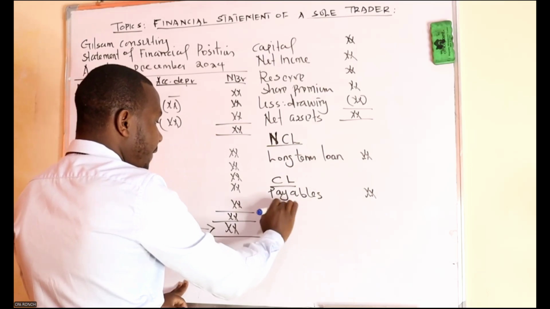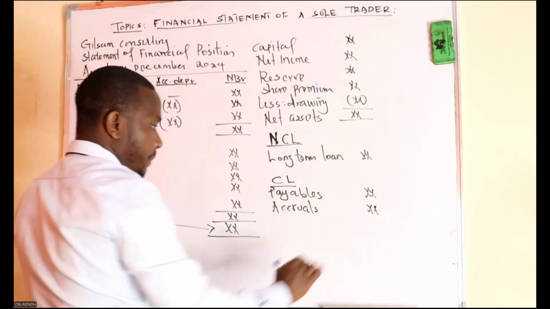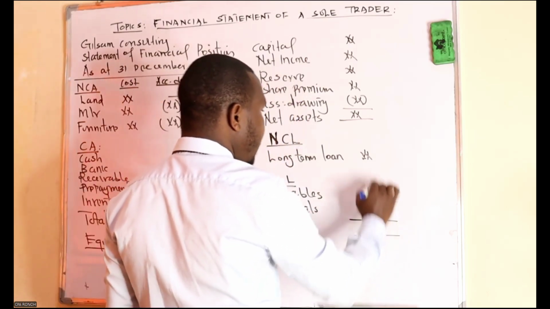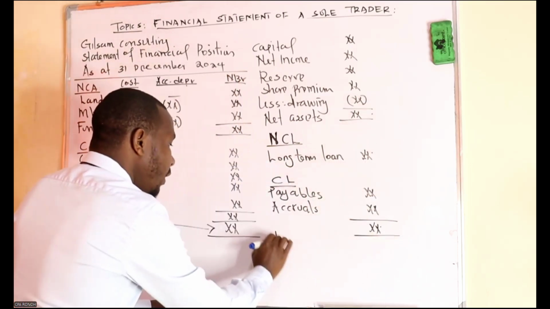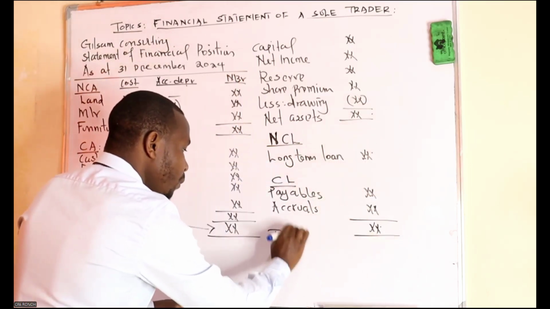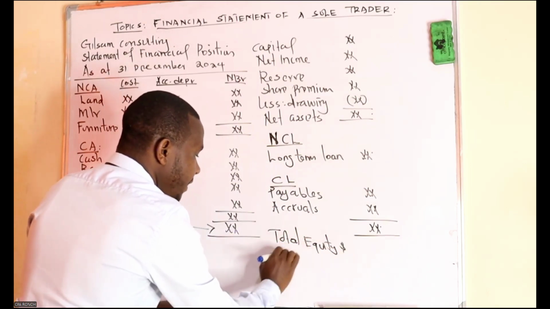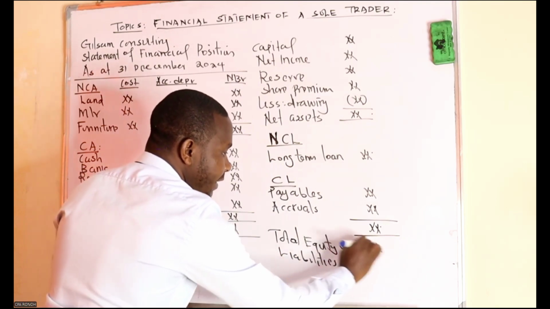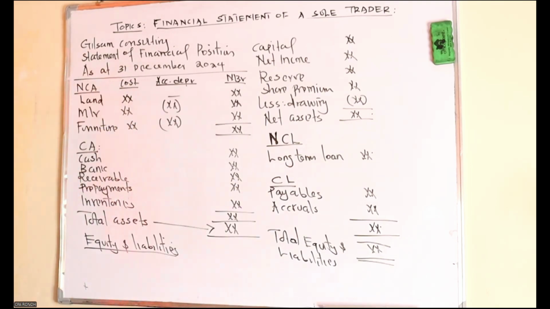We also have accruals, so that we have the total of this. So if you add this plus this plus this, you get total equity and liabilities.